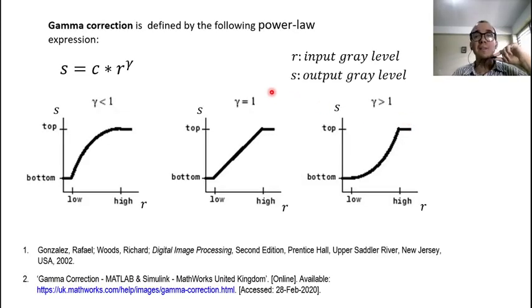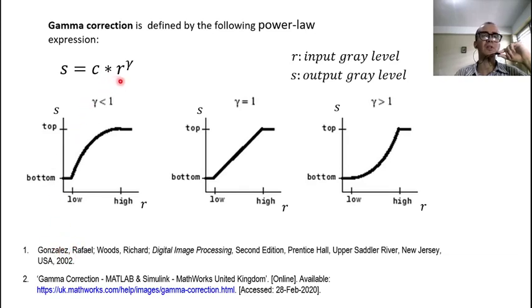In this slide we are going to understand better how gamma correction works. First, it's important to know that gamma correction is defined by the following power law expression, where S is equal to C multiplied by R to the power of gamma. This transformation function was taken from a classical book.